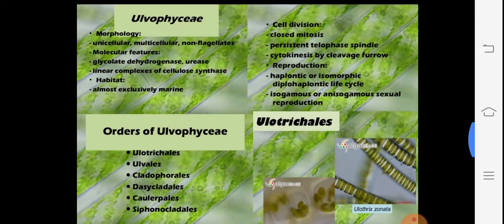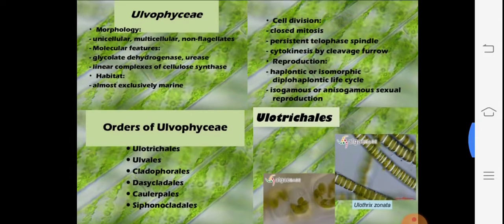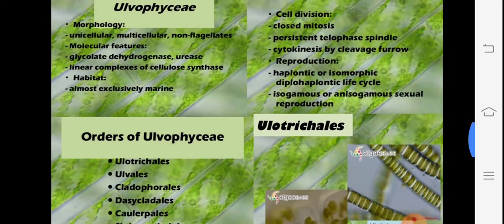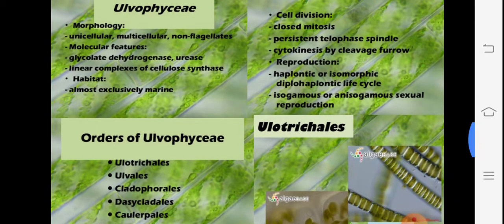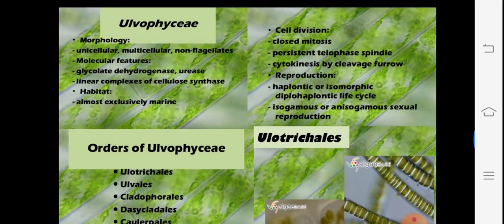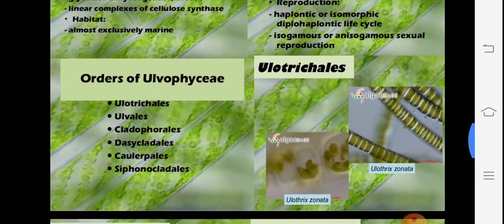Then Ulva. In Chlorophytes, these forms are unicellular to multicellular, non-flagellated. Then there are different types of occurrence, mainly seen in the estuarine part. Marine conditions are there, and a rocky substratum is the important character.